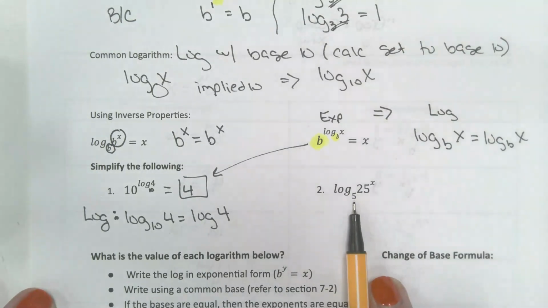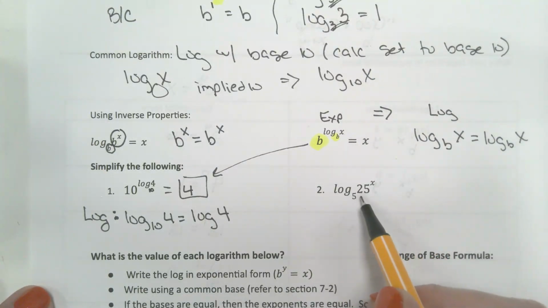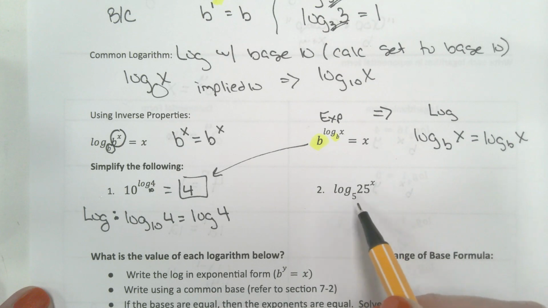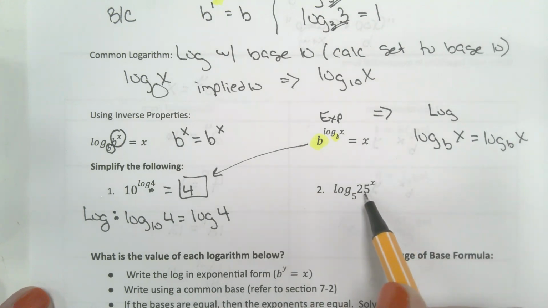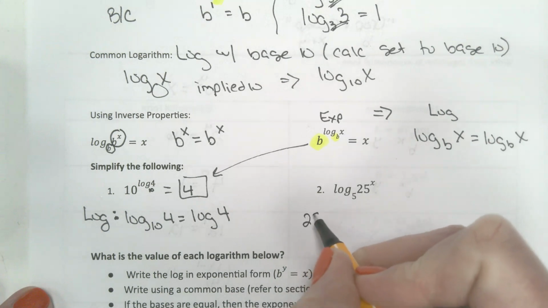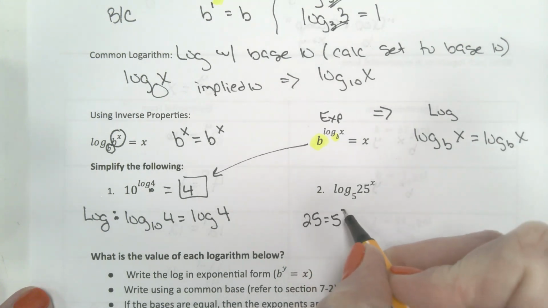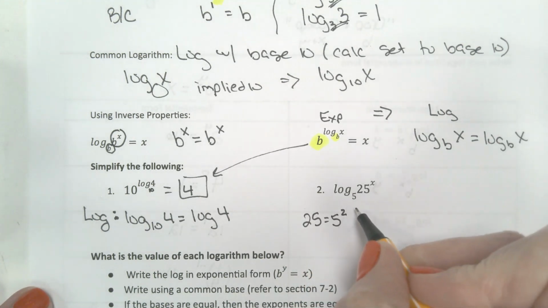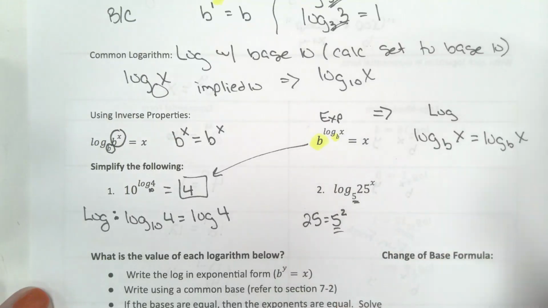Let's see. This 5 and that 25, they aren't quite the same, but I know that I could write 25 as 5 to the second power. And then I will have that 5 and that 5 that match.